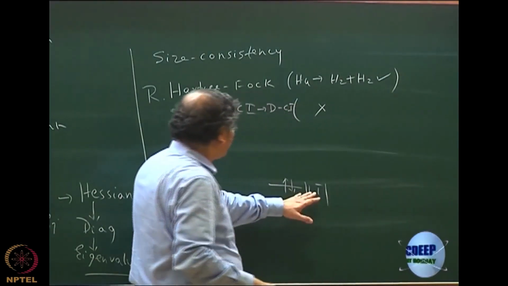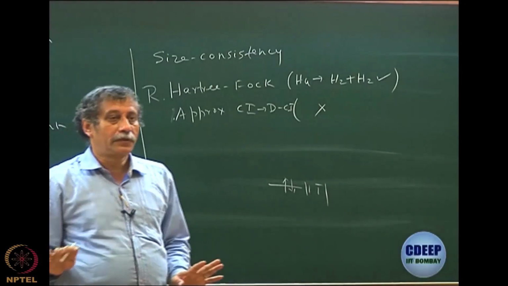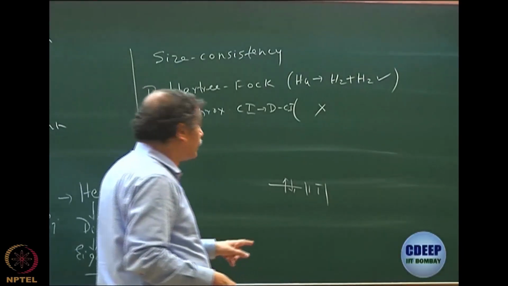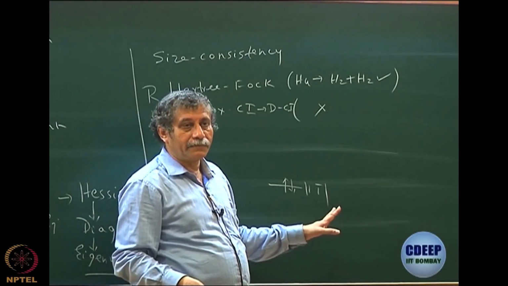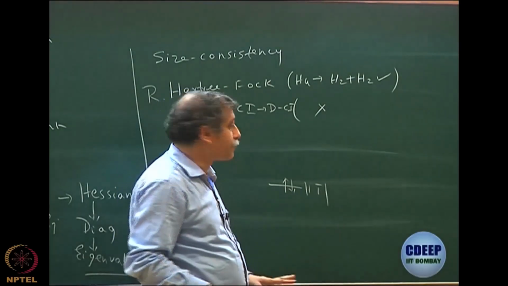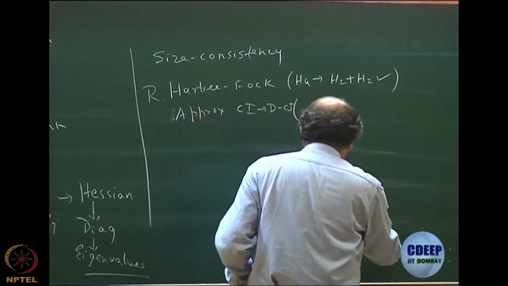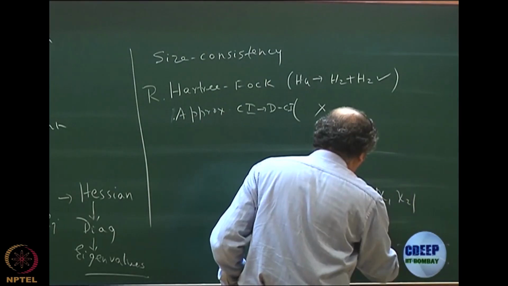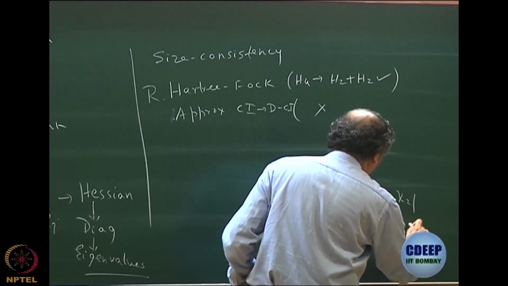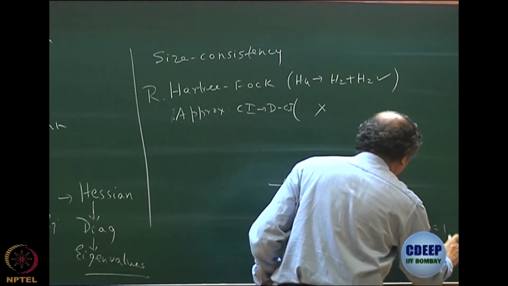Note that whenever 1 bar is used, please remember it is a spin orbital, with 1 as the spatial orbital and beta as the spin. That is something you should have no confusion about. This is just called chi1, chi2 in our nomenclature, where chi1 is 1 alpha, chi2 is 1 beta.